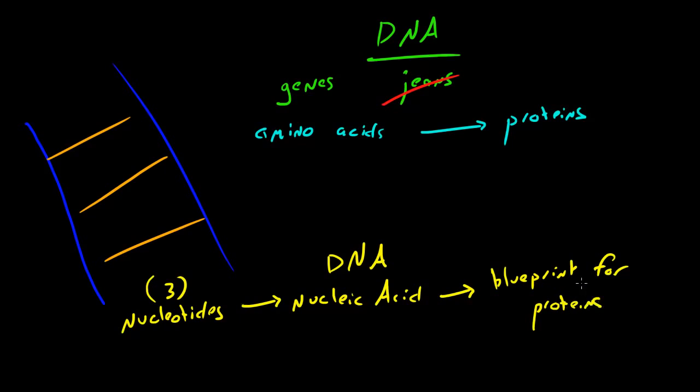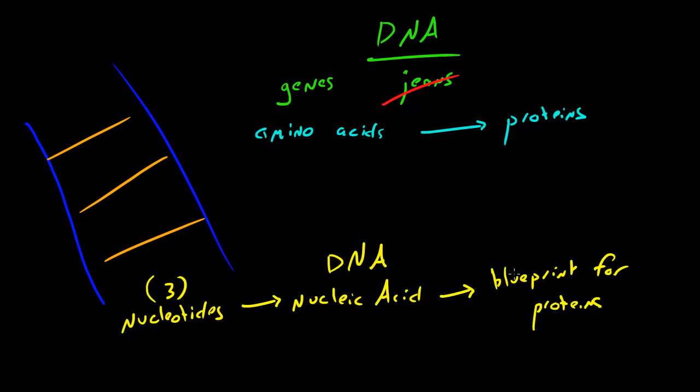Remember, it's not the ingredient because proteins are made up of amino acids, but this blueprint tells the amino. Okay, Bucky, take a deep breath. It pretty much determines the order that the amino acids are arranged whenever they do make proteins.